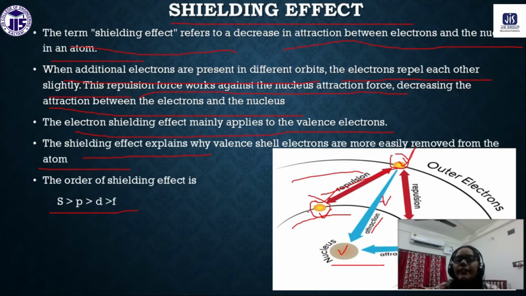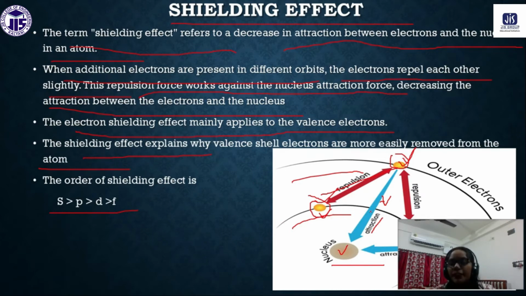The inner orbital electrons always have this tendency to become a barrier, so that the outer orbital electrons cannot be attracted by the nucleus more strongly.